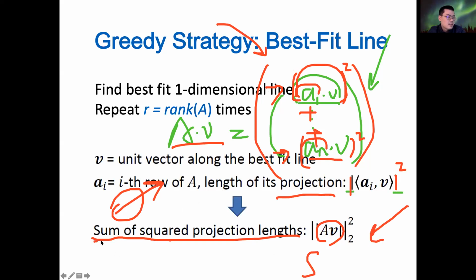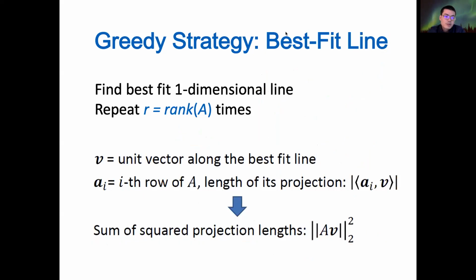So the sum of squared projection lengths of all the rows gives you this shape. This is very important, by the way. Put simply, you need to remember this: the squared L2 norm of Av is the sum of the squared projected components of every row in the A matrix. A matrix is the data matrix.